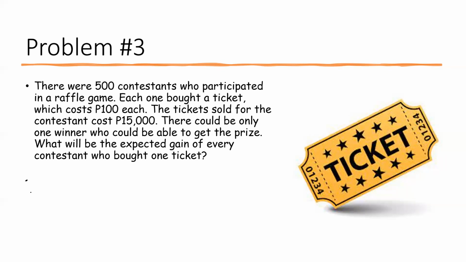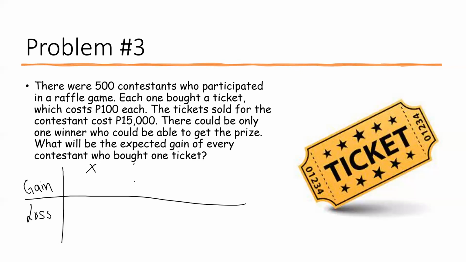Okay, so gaya yung kanina, we're going to provide gain and loss. X, then P of X. Okay, so what we are going to do here is, first, to know the probability, there are 500 contestants. Okay, so how many people will gain?